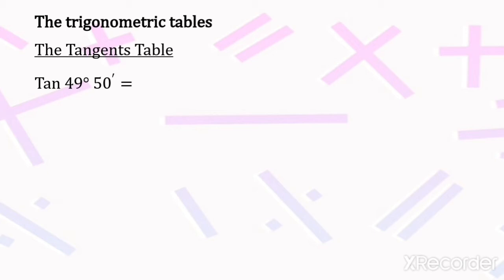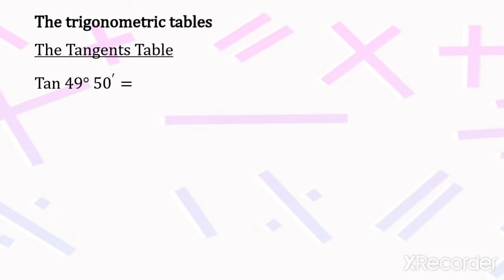Then if you want to find out the tan 49 degrees and 50 minutes, you need the logarithmic table and you have to turn to the page natural tangents. But be careful, do not use logarithmic tangents. We need natural tangents. Then thereafter it is very easy to find this angle. You already know how to find logarithms, so you have to do the same method to find tangents also.